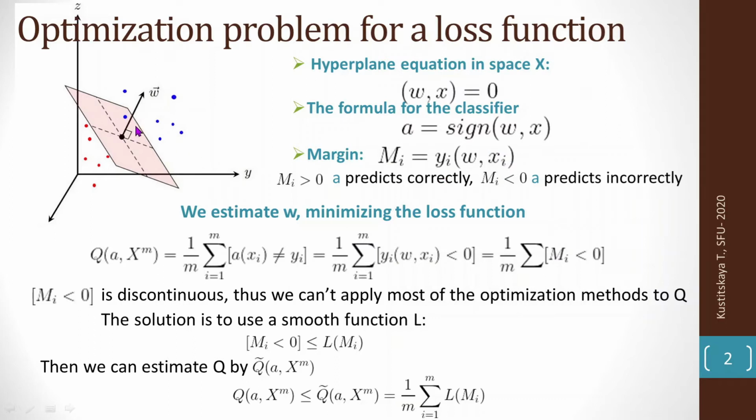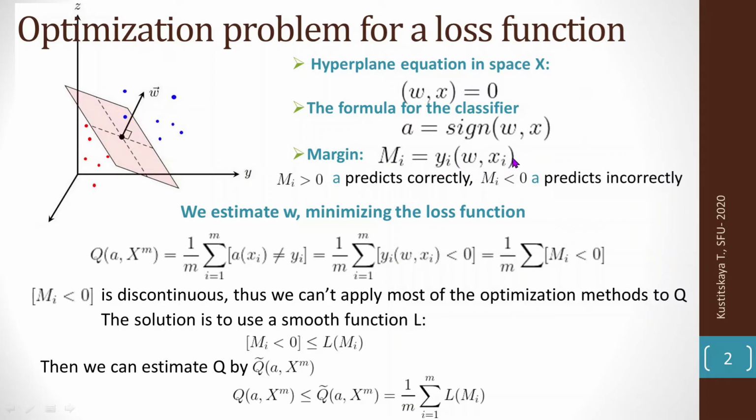So suppose that we deal with the positive class with blue dots. As the class is positive here, then Yi is positive, and if our classifier predicts correctly, then the sign of this scalar product will be also plus.